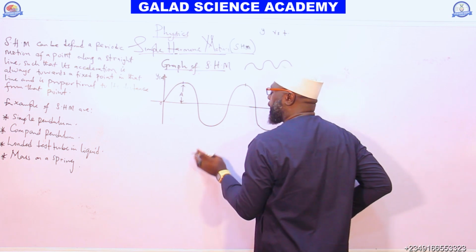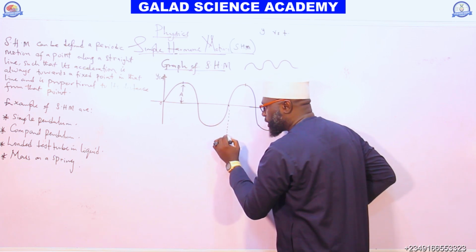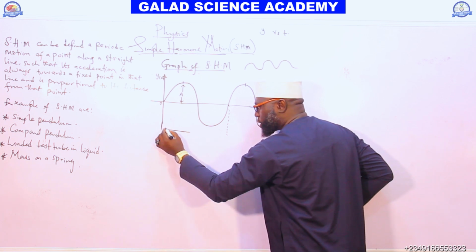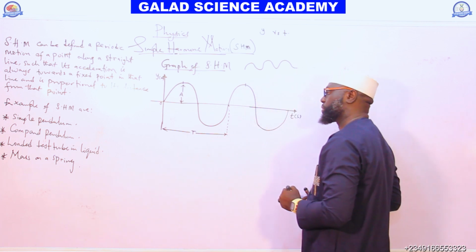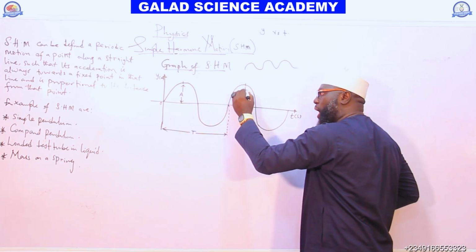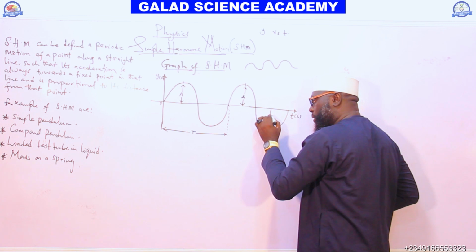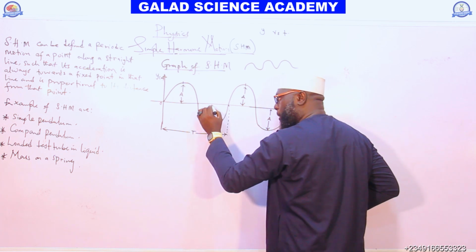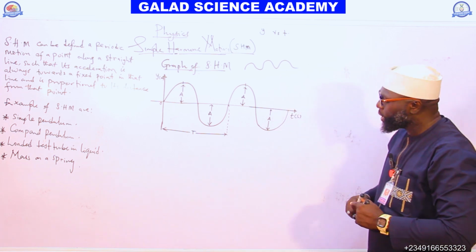And here, this place I call the period. So this is the graph of simple harmonic motion.